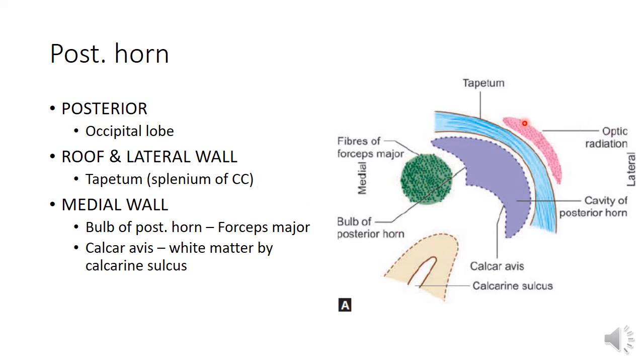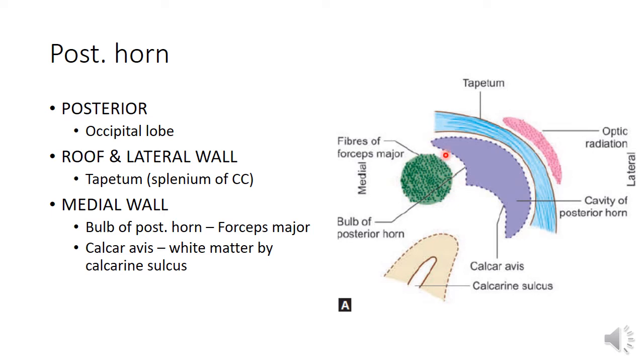The roof is mainly formed by white fibers called the tapetum, which forms a part of the corpus callosum, and medially there is the bulb of the posterior horn, which is produced by the forceps major. These are the white fibers of the corpus callosum.